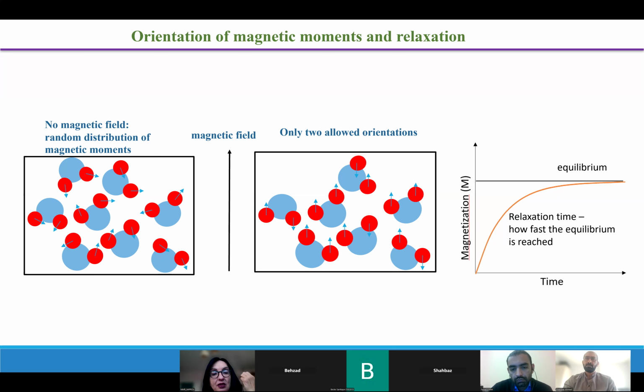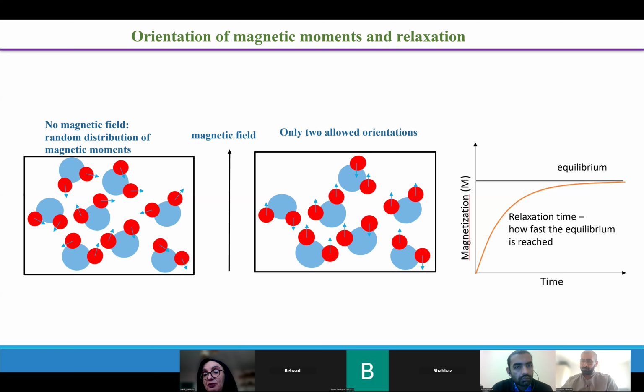The fight to take the best seats is not so strong, because after all, I can still sit and it is not so bad, yeah? But if it is like deciding between sitting and standing, the fight will be much stronger. So the difference between the populations of those two energy levels depends on the magnetic field. It's actually proportional to the magnetic field. Stronger magnetic field, larger difference.